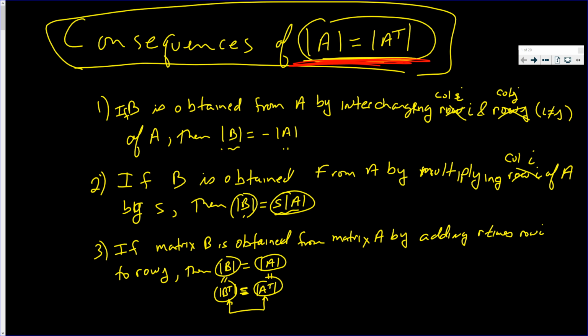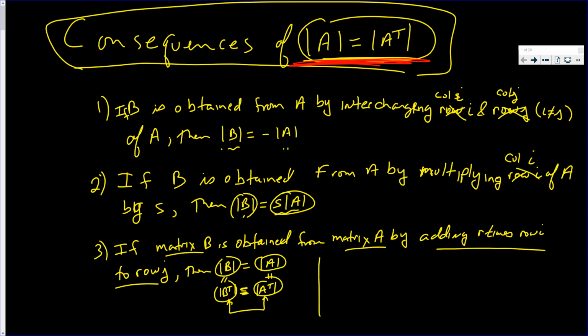All we know is that we got B by taking A and adding R times row I to row J. Now, in the transpose, B transpose is going to be the exact same matrix as A transpose, except that R times column I is added to column J. R times column I is being added to column J.